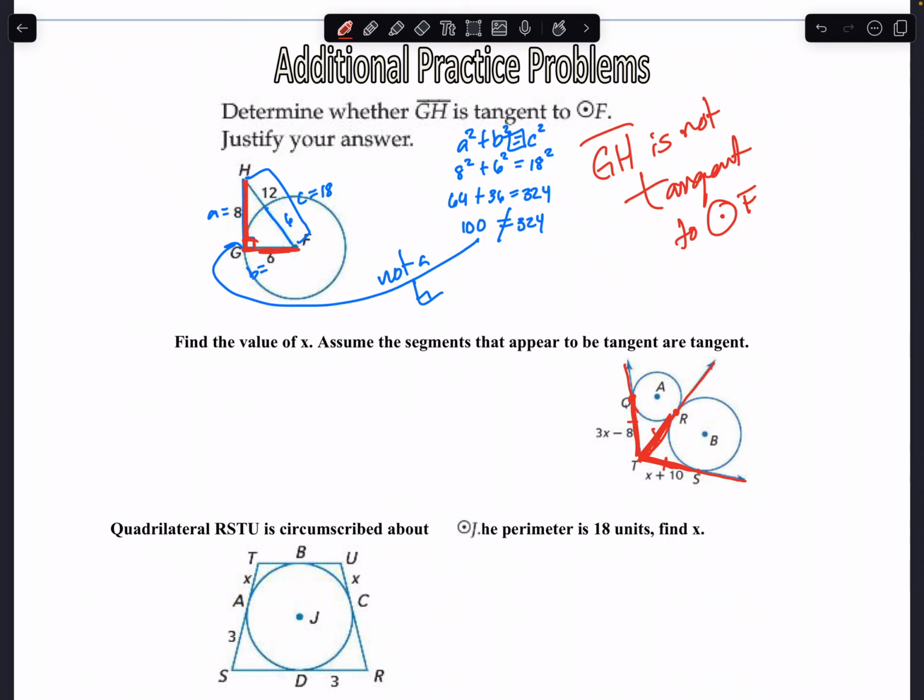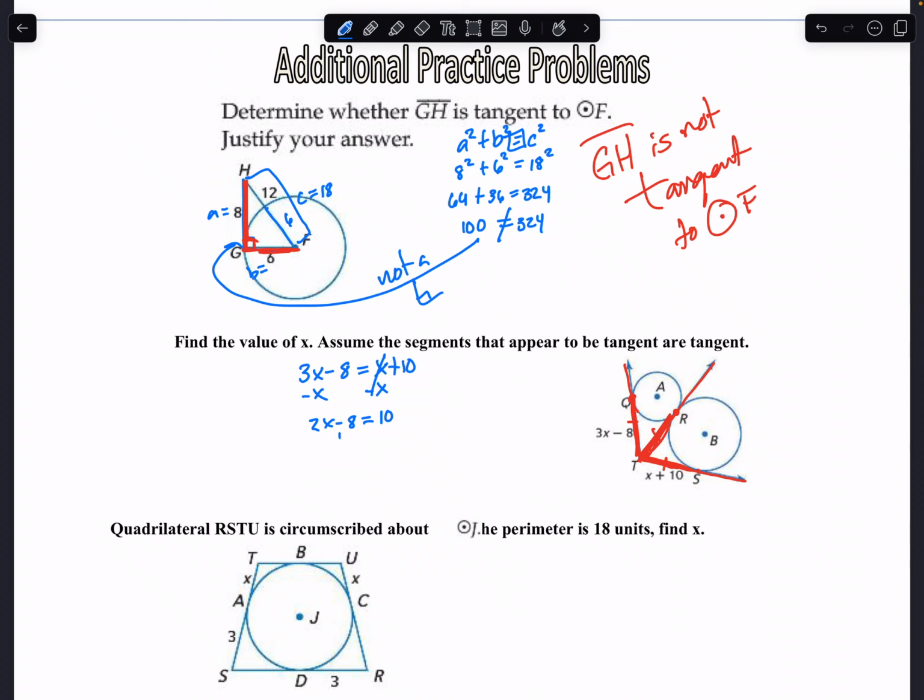So since they're all equal, I can set 3x minus 8 equal to x plus 10. The length 3x minus 8 must be the same as x plus 10. And I just solve for x. I move this x to the other side so that I can combine like terms.